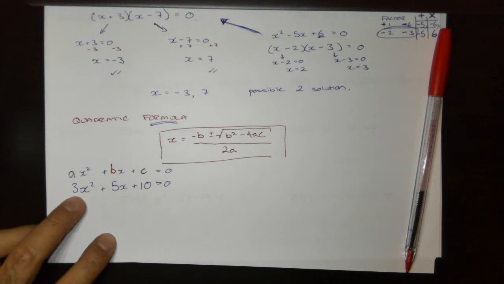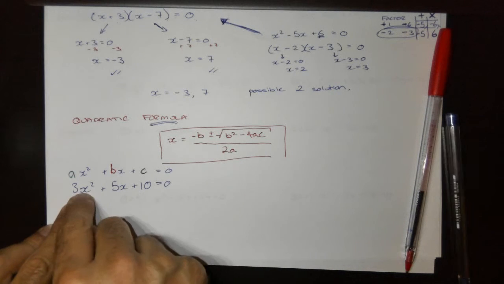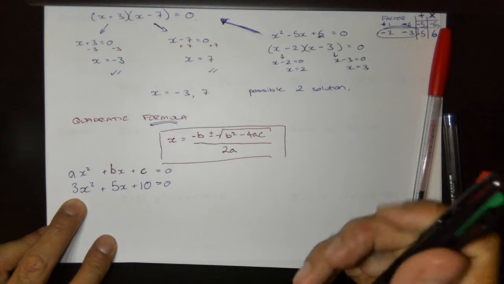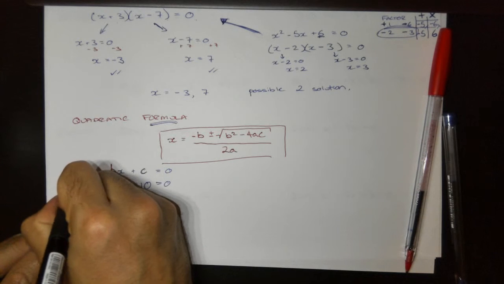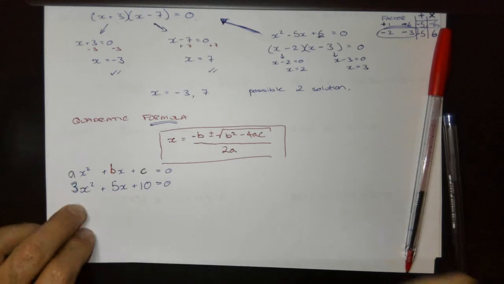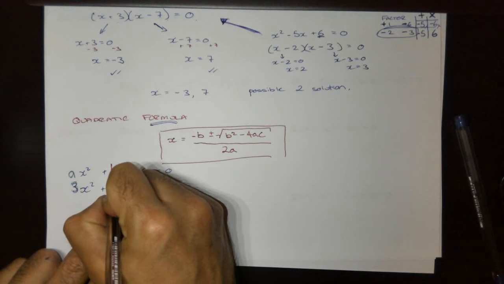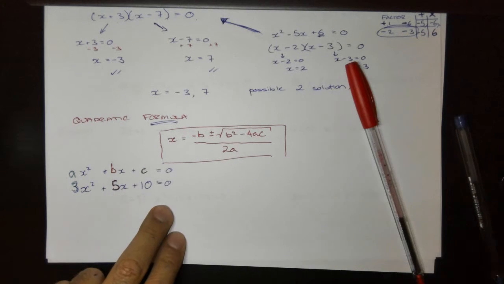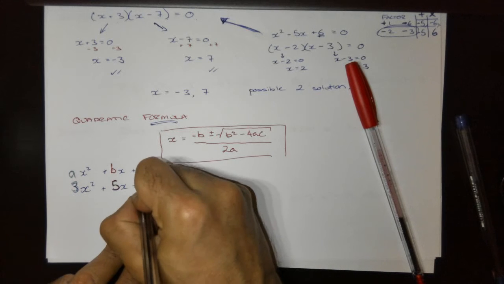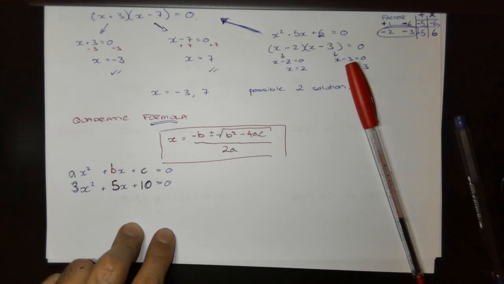So that means that the number in front of x squared is your a. The number in front of your x is your b. And the number without an x is your c. So we're going to plug that into our formula.